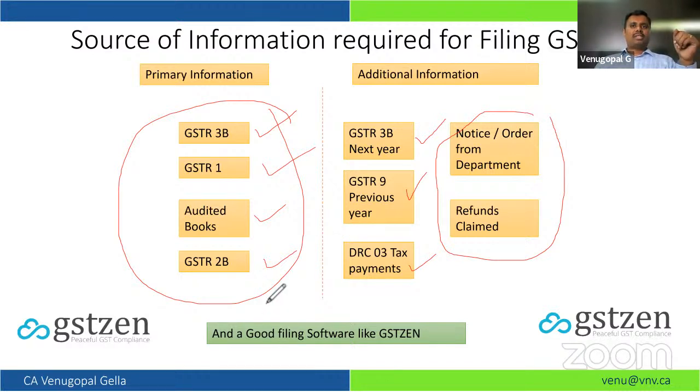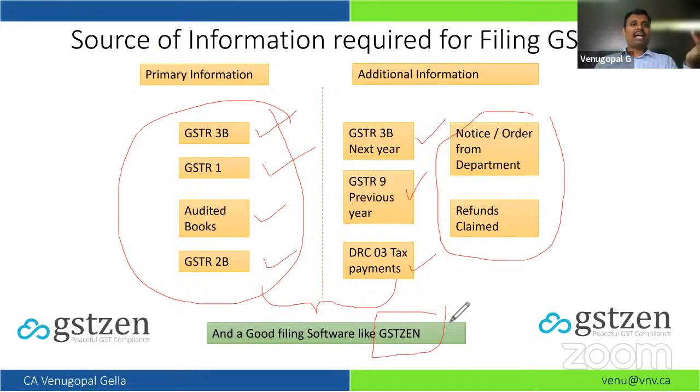On top of all this, I would always say that you need to have good filing software like GSTZen, which will help you to consolidate the information, see exactly what information you need to furnish, and simplify the filing process.